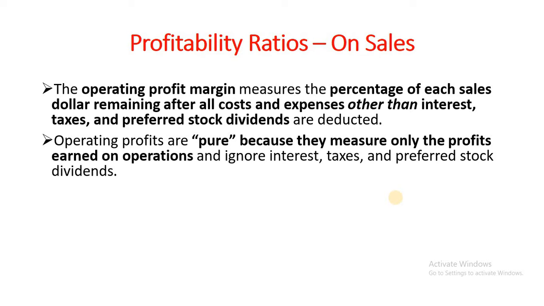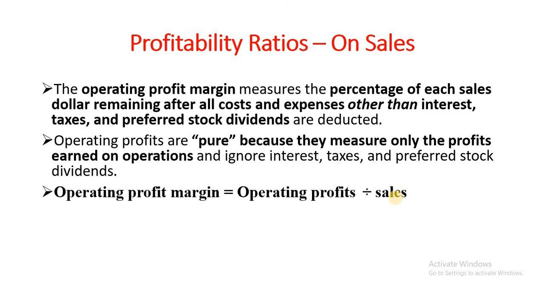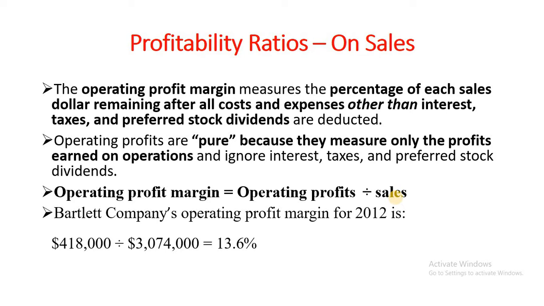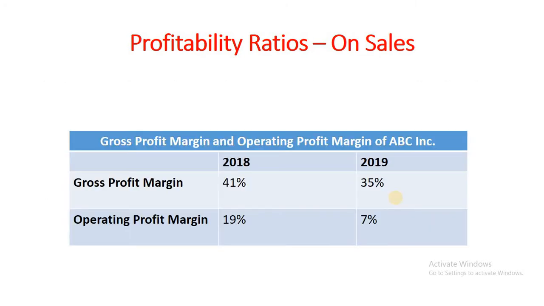So operating profit shows the true profit of the business from the operation. Operating profit margin is equal to operating profits divided by sales. Here is an example of the operating profit margin of a company in 2012, which is 13.6% based on the formula.